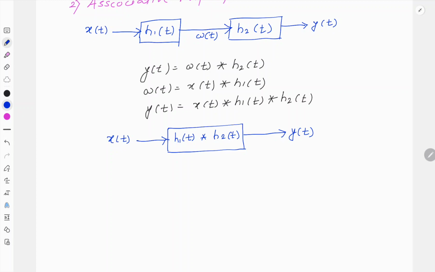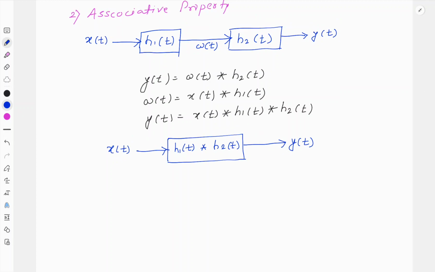Therefore, these two blocks are reduced to a single block and we get the desired output y of t. Similarly, for the convolution sum, this representation is x of n applied to the system h1 of n convolving with h2 of n, and the output we have is y of n.